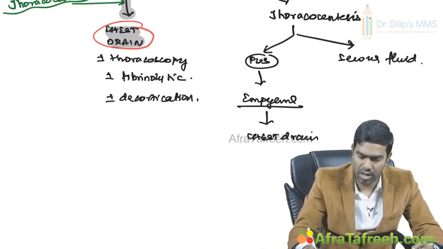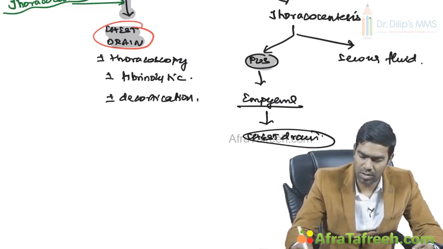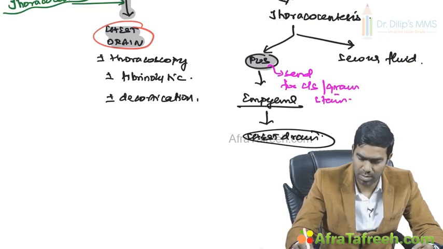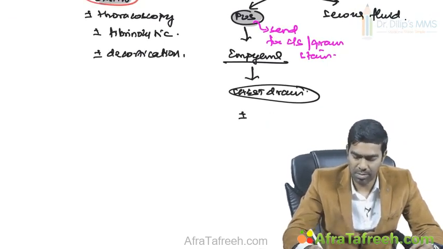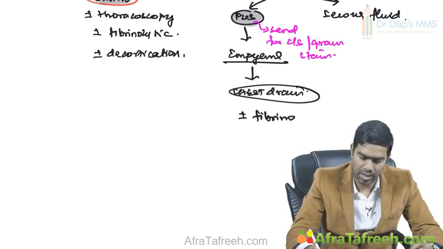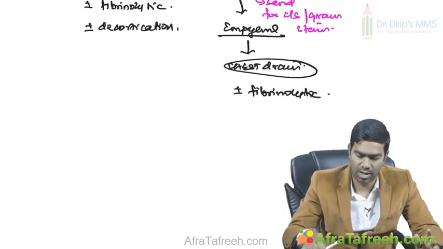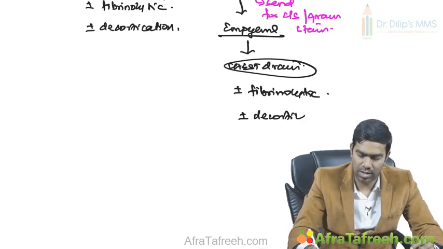Obviously this pus, you also have to send for culture sensitivity and gram stain because you have to identify what organism you are dealing with. So depending on that, you can give antibiotics. So this is how you deal with the empyema. Plus or minus, they themselves may need a fibrinolytic agent infusing into the pleural space to break the loculations and make it very clear, so that the fluid flows much better. Plus or minus, they also may be needing a decortication.